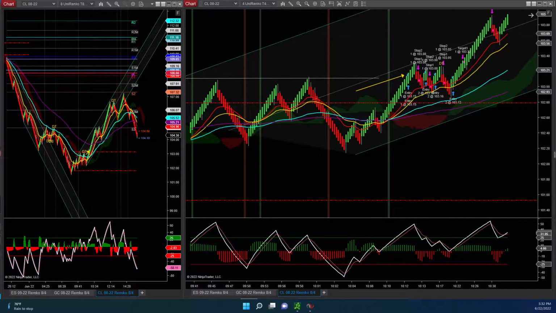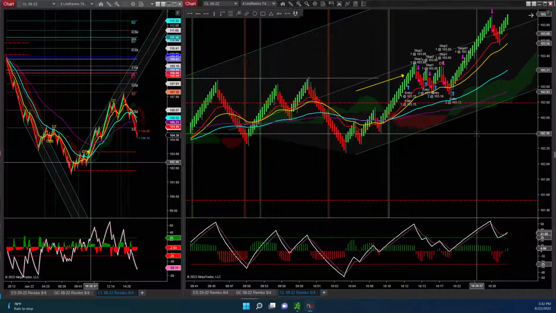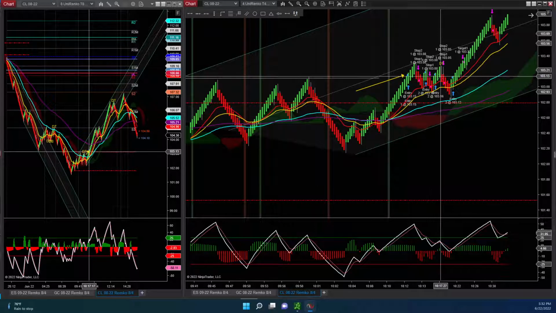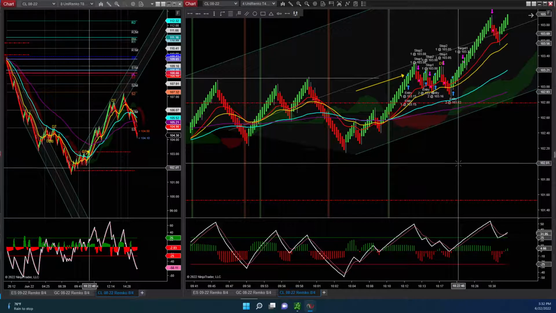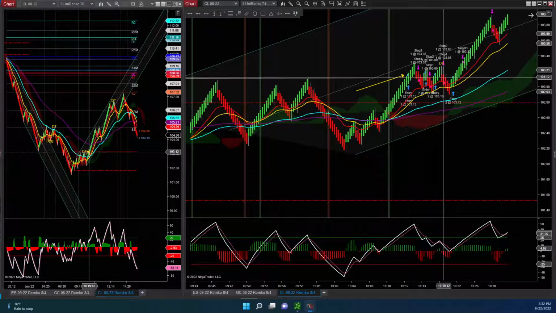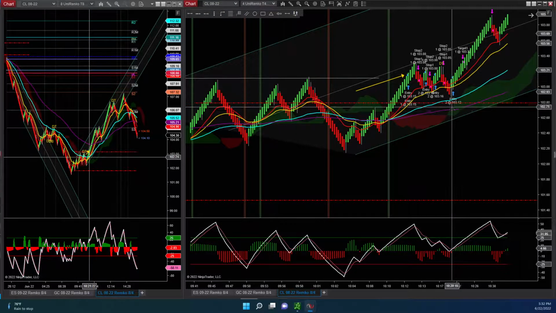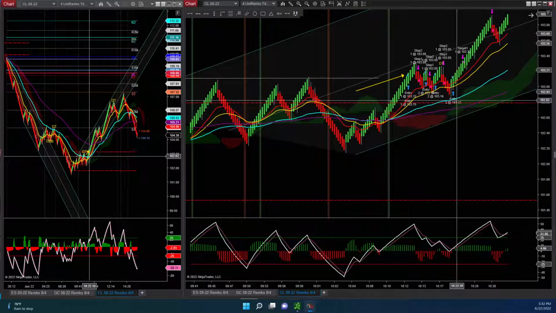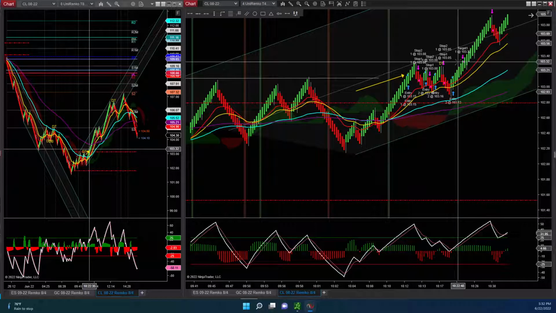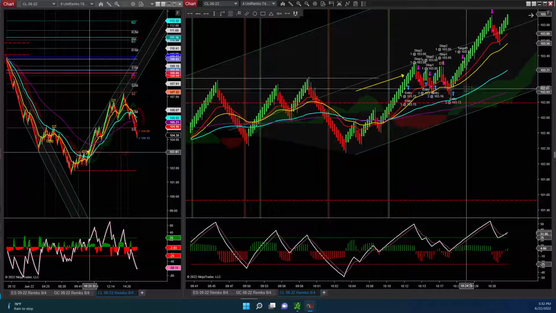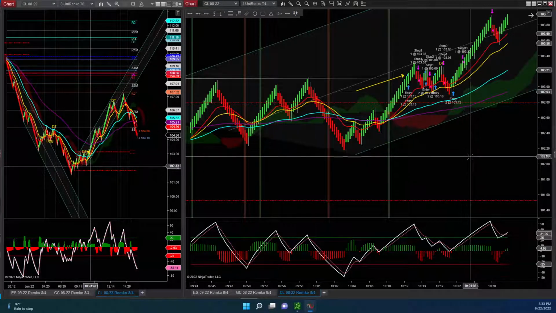But then I made one more attempt here. So that one was good, and I entered this one at 103.12, and then the first target went off for $200 at 103.32.